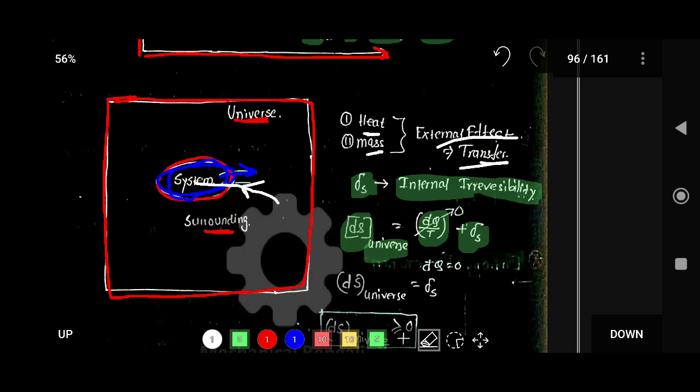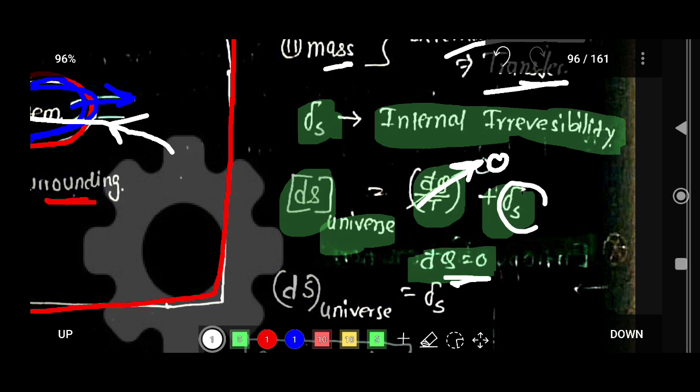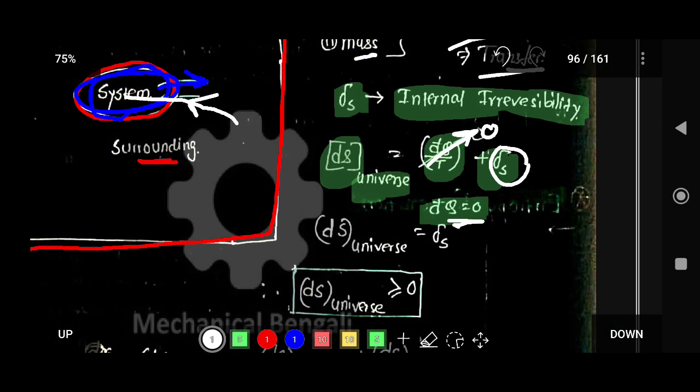Now, in a universe, we know that the universe is an isolated system, that is why the heat transfer, del Q, is equal to 0. So that is why this term is neglected. Okay, so only the entropy generation remains.